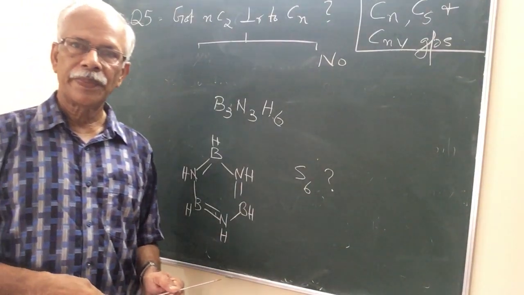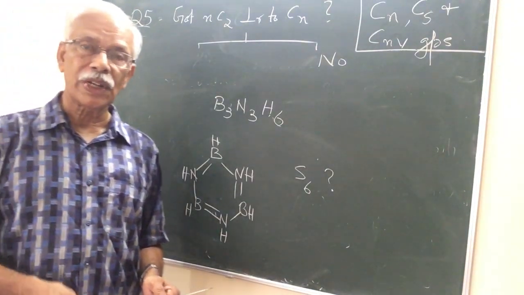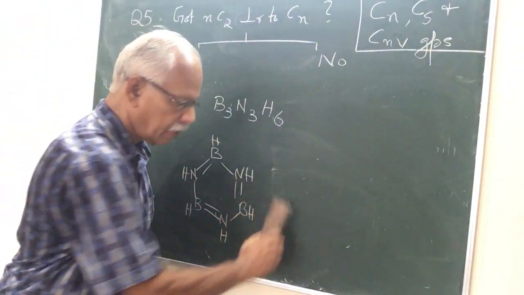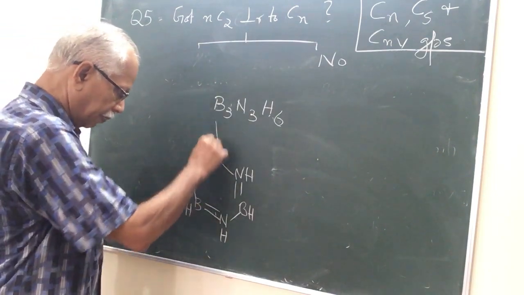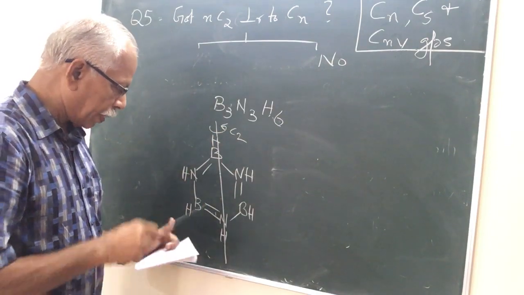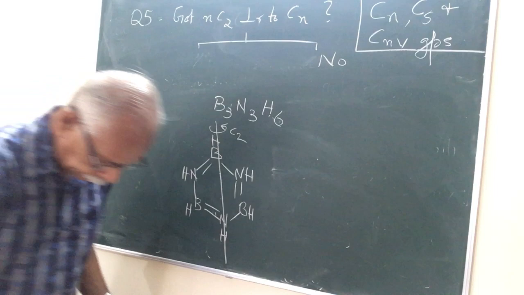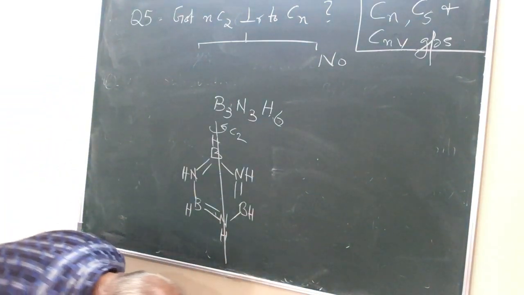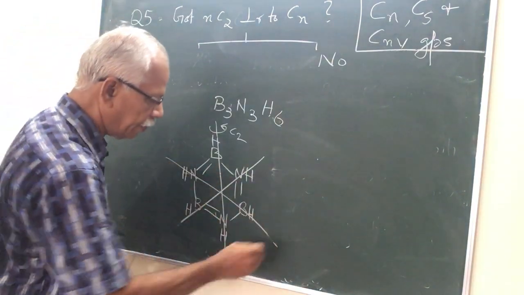What is that? Has it got nC2, that is 3C2 perpendicular to C3? Analysis shows that here is a C2 axis which is perpendicular to the principal axis. Then here is another one, here is a third one.